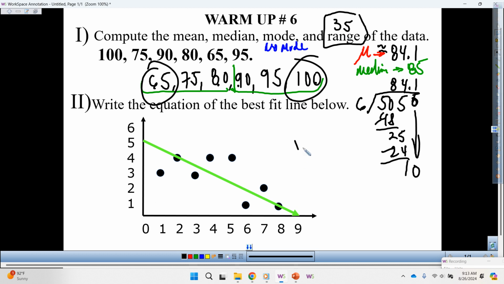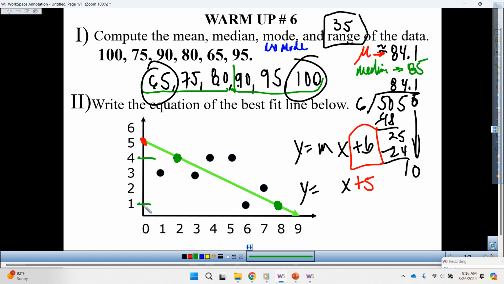Number 2, write an equation, y equals mx plus b. Where does it start? Our y-intercept is plus 5, is that correct? Then we got y equals blank. So let me see, I'm going to go from here to here. So that means it's going from 4 to 1.